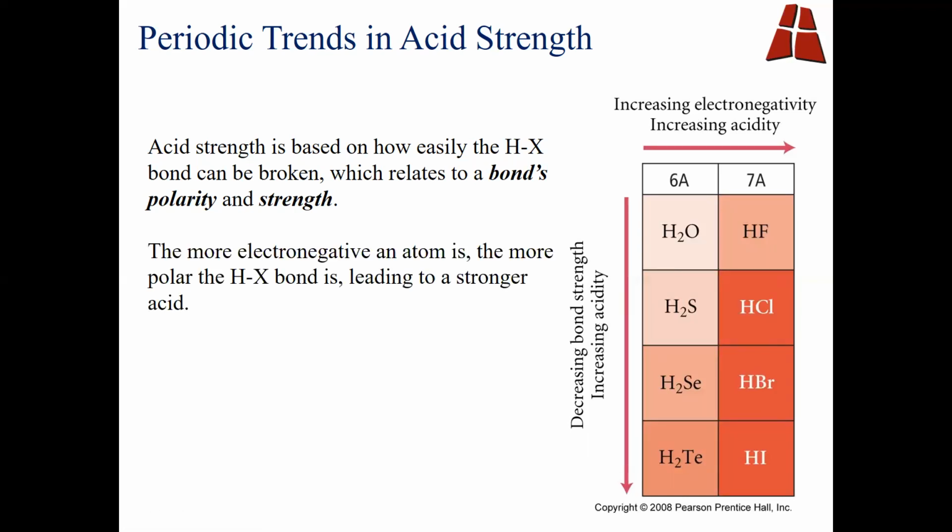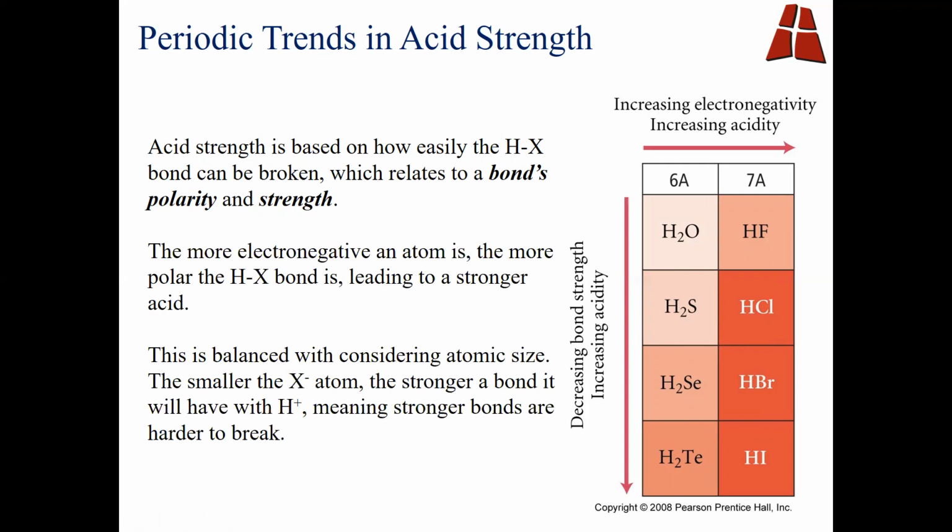Okay, so again, generally speaking, the more electronegative an atom is, the more polar that bond is, leading to a stronger acid. This is balanced, so the reason HF is an exception is because it is balanced with atomic size. The smaller our X atom, or the smaller the thing that hydrogen is going to be bound to, the stronger bond it will have with H+.